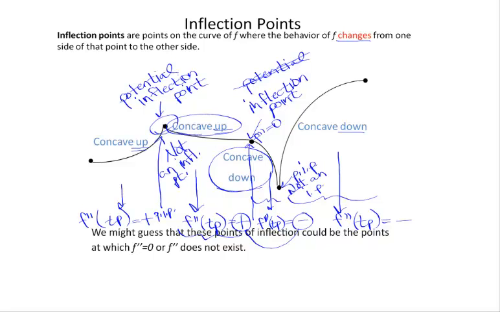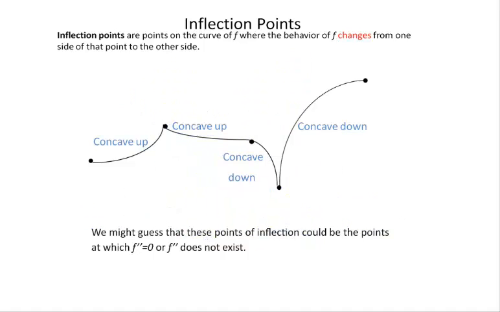So hopefully that helps clarify that every time you are asked to find an inflection point, that process is going to look like finding the second derivative, determining where it equals 0 or does not exist, and then actually doing the testing on either side to see if the second derivative does indeed change sign.